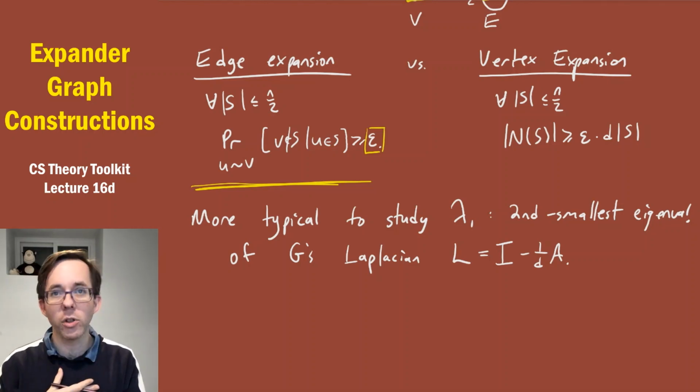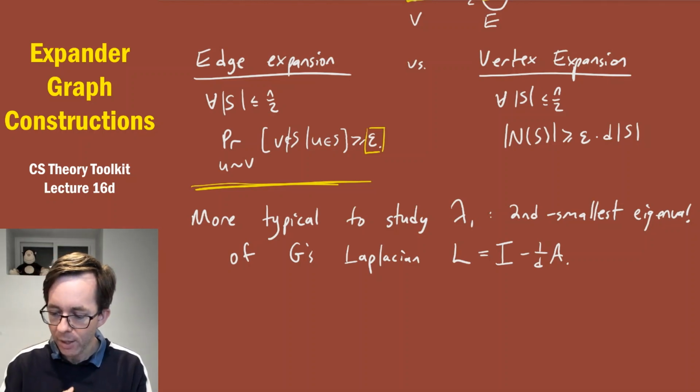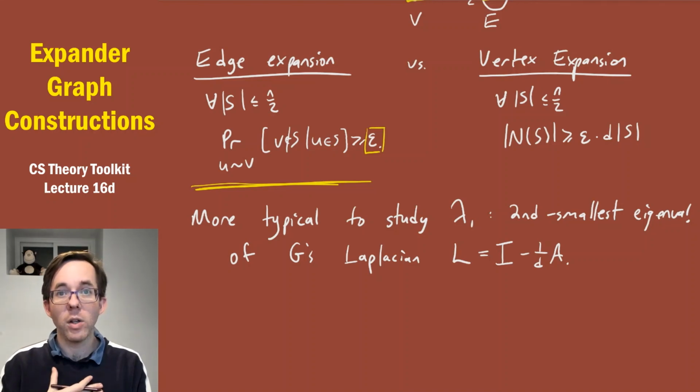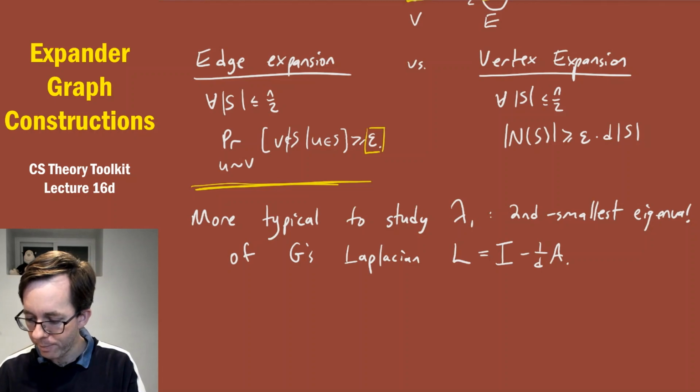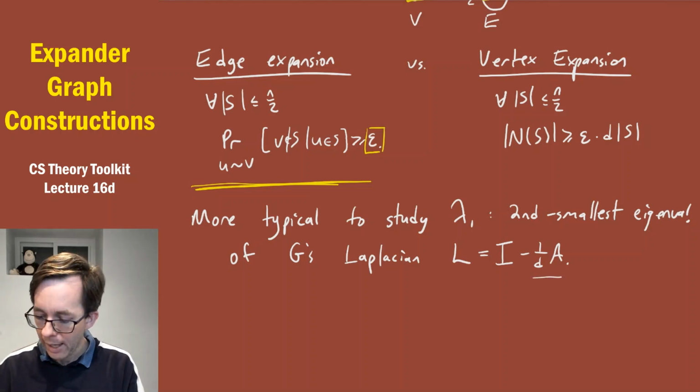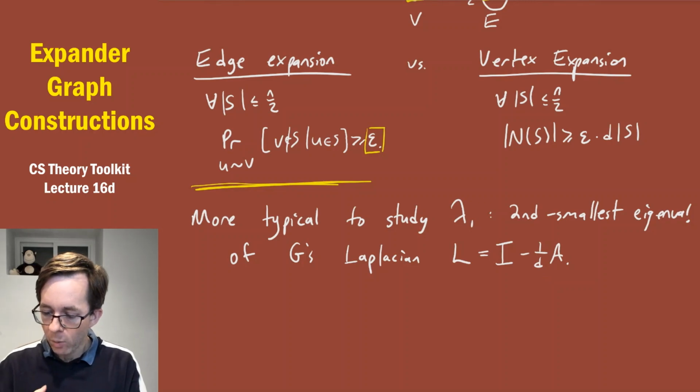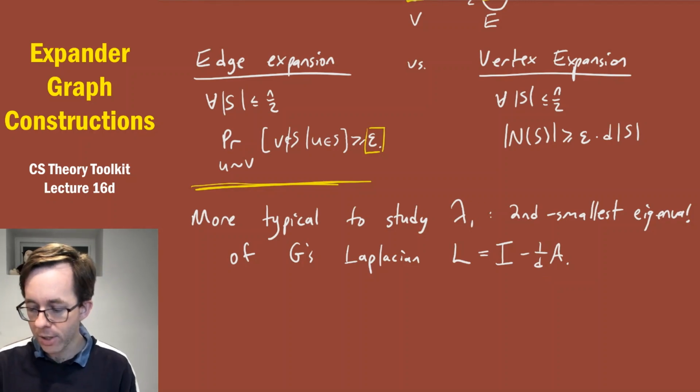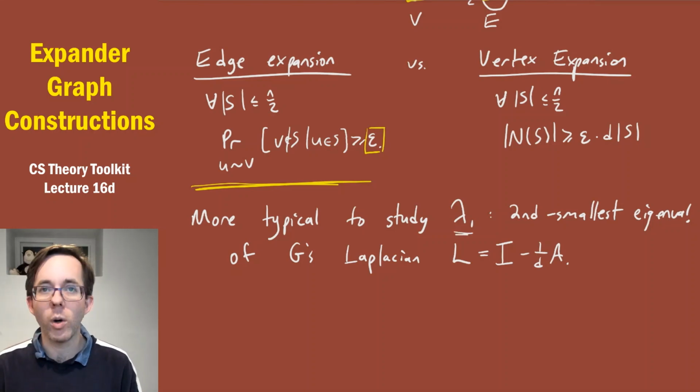And as we saw in the spectral graph theory lectures, this matrix always has an eigenvalue of 0. That's equivalent to saying that A always has an eigenvalue of D. And what controls the expansion is the second smallest eigenvalue, which we call lambda 1.